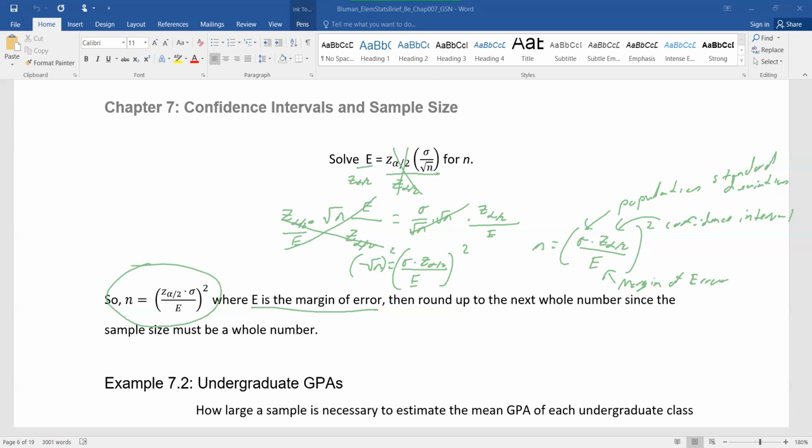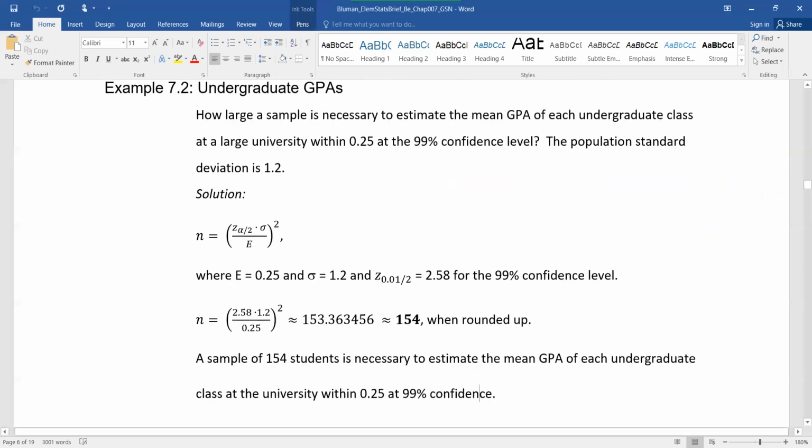Okay, let's look at an example with undergraduates. In example 2, we're looking at undergraduate GPAs.